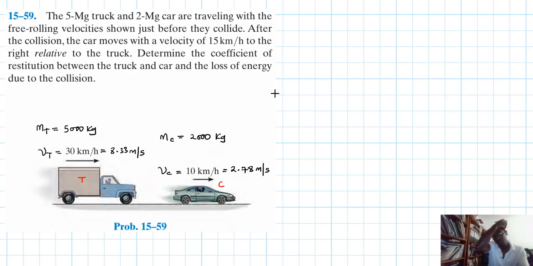To determine the coefficient of restitution, e equals VC2 minus VT2 divided by VT1 minus VC1.